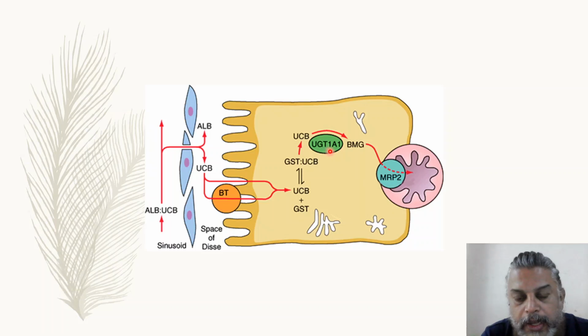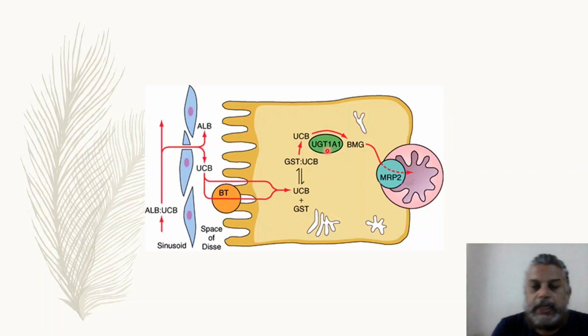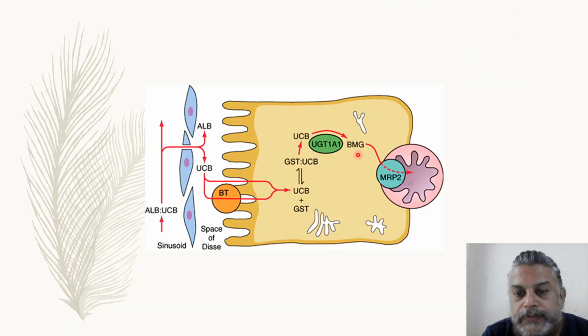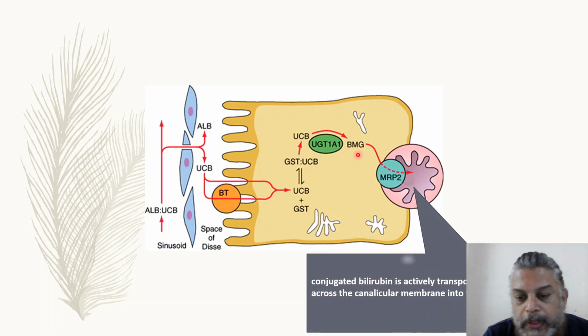If this enzyme is decreased in quantity, the conjugation of bilirubin will be affected and we will have a lot of diseases, which we will see later in this class. This conjugated bilirubin is actively transported across the canalicular membrane into the bile duct.